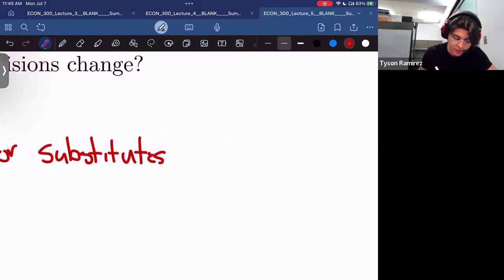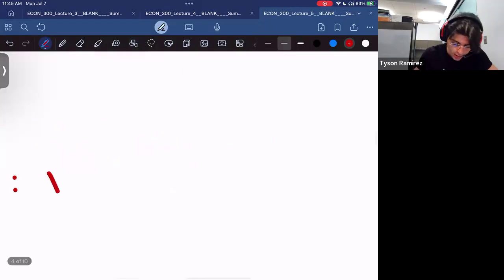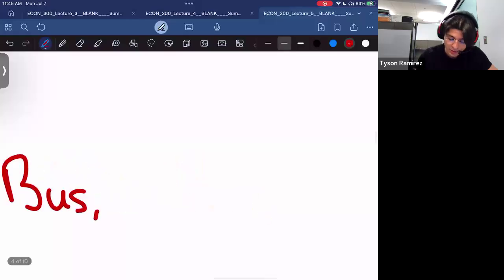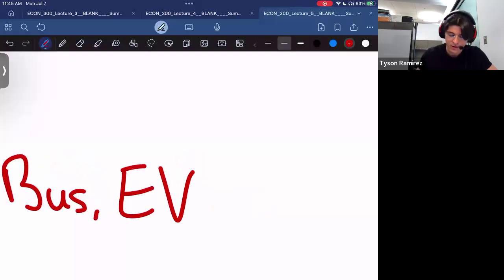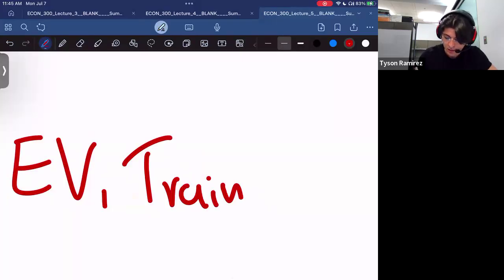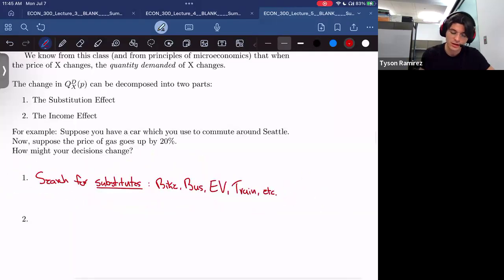So you might search for substitutes. And this could be you could ride your bike, you could ride the bus, maybe you could buy an EV, all right, or take the train. Any substitutes for transportation that you can think of, all right.